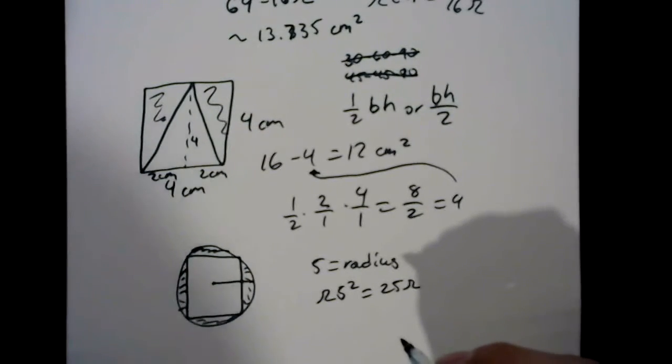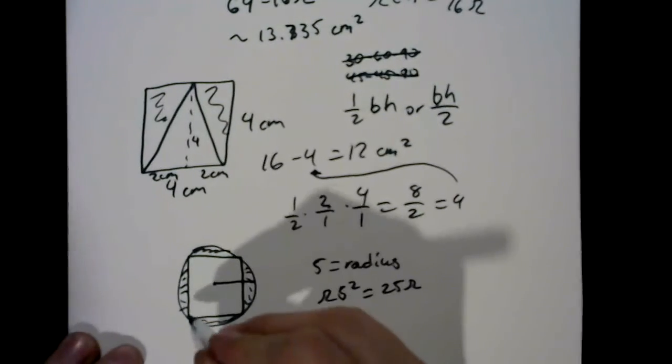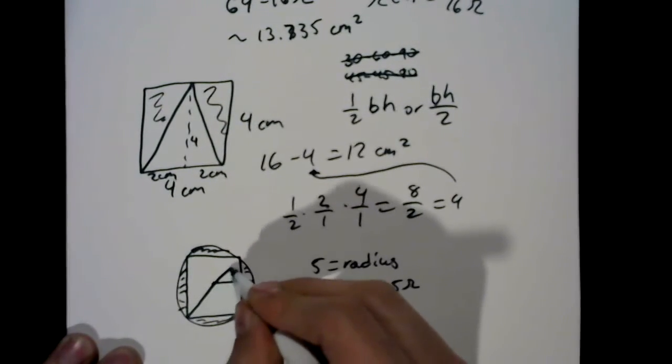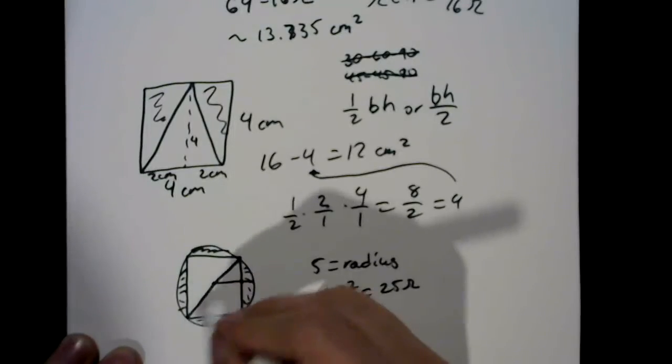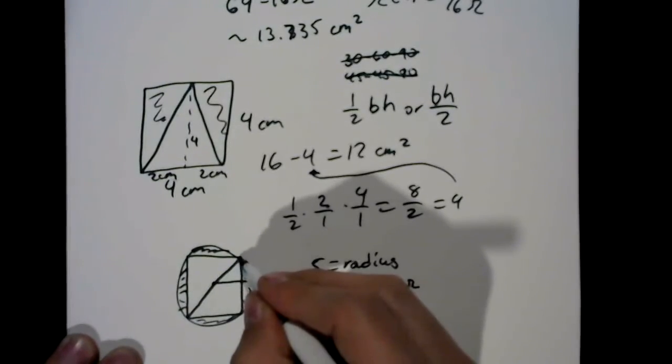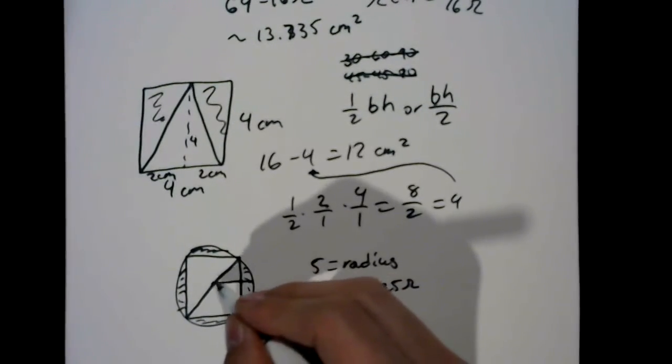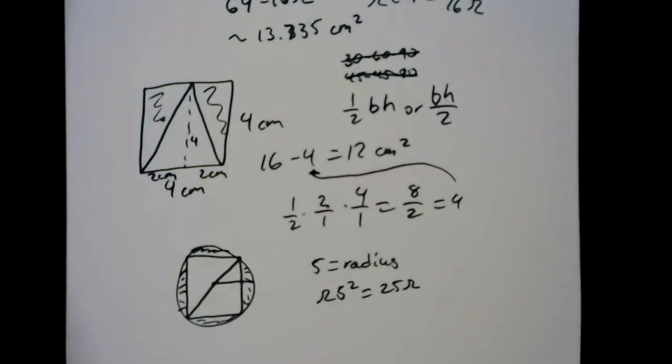Maybe you're asking, how do I find the area of the square? Well, you know that your diagonal would go from one edge to the other edge through the center. So you can use the Pythagorean theorem, which works out really well.